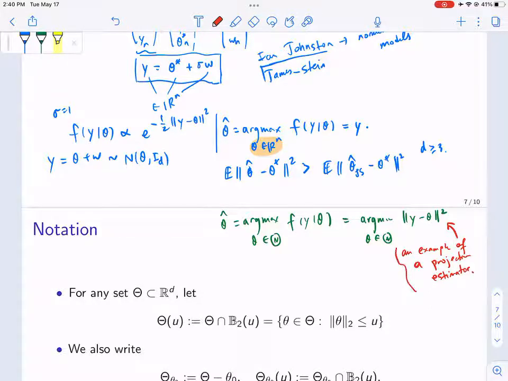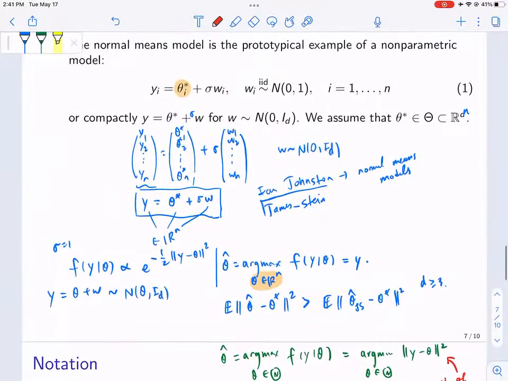For now, accept that the non-parametric regression model reduces to this. Let's study this. I'm going to come back and tell you how we can connect it to the non-parametric model. The point is that we reduce the non-parametric model to this normal means model, but the effect of smoothness and other structures that we put on the function appears as theta star, this vector, being in some specific subset of R^n.